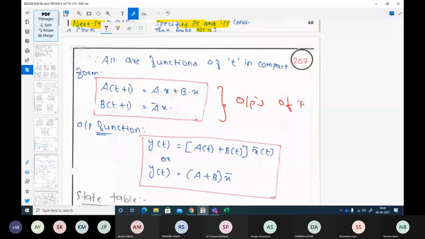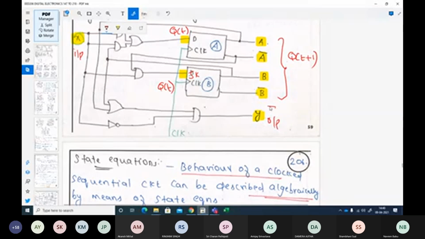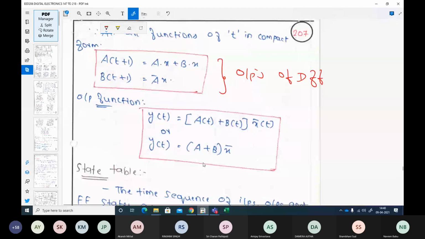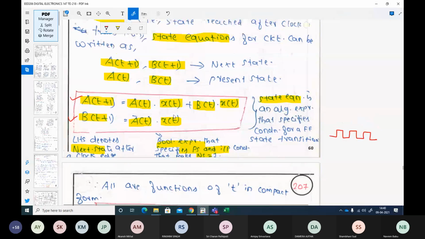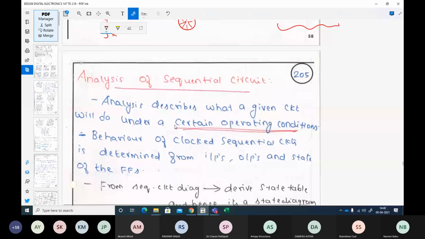Now there is one more output here, right? What is the output? There is one more output, which is the actual output of our sequential circuit, Y. So the expression for Y is given like this. Please remember what we are doing now. In case you lost track, we are trying to analyze a sequential circuit.